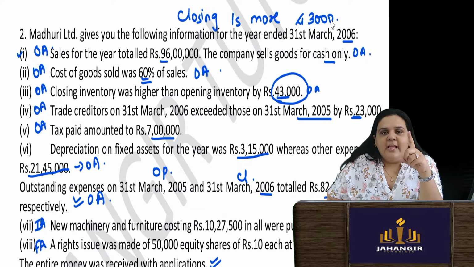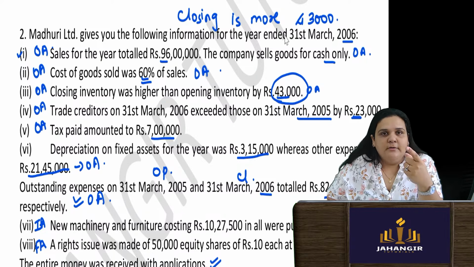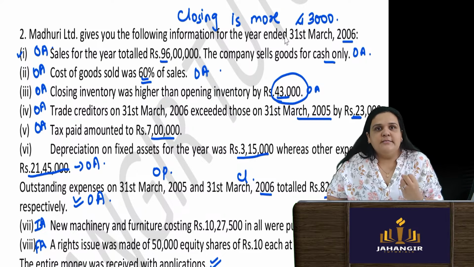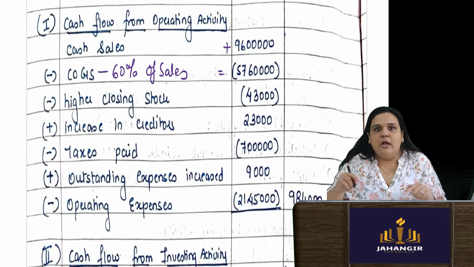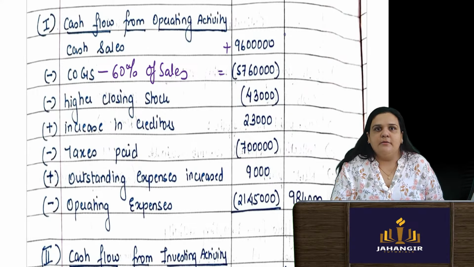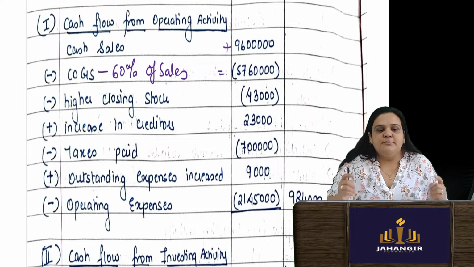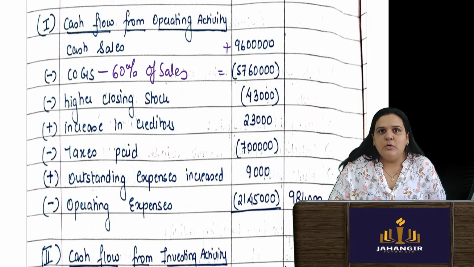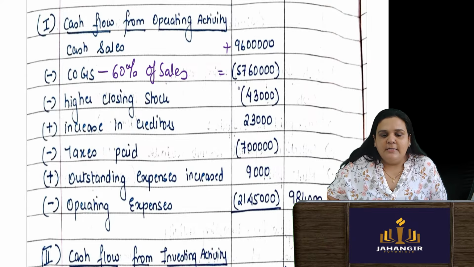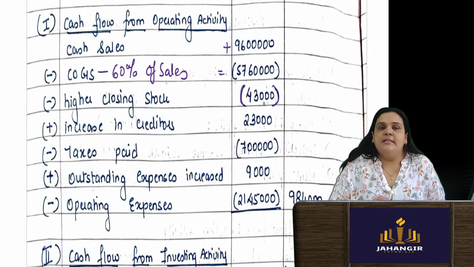That means your cash flow has got blocked by this 43,000. You have not sold it, so you have not got the cash inside. The cash has gone out, because you have purchased it, no? Then only it is there in your inventory. You must have purchased this particular stock and you have not sold it also. Therefore, it is negative 43,000.